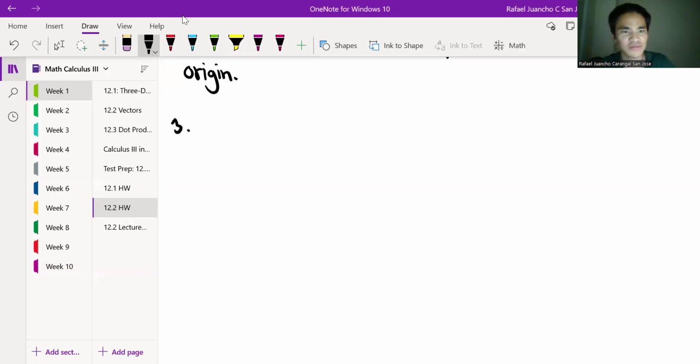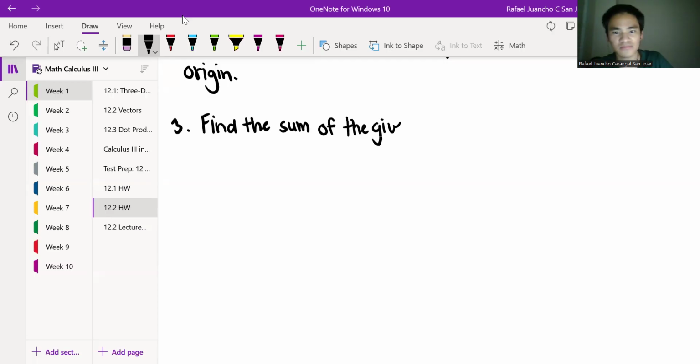Okay. Next, for the third one, we find the sum of the given vectors. So this is vector addition. So for this one, we're given vector A with 5, -3.